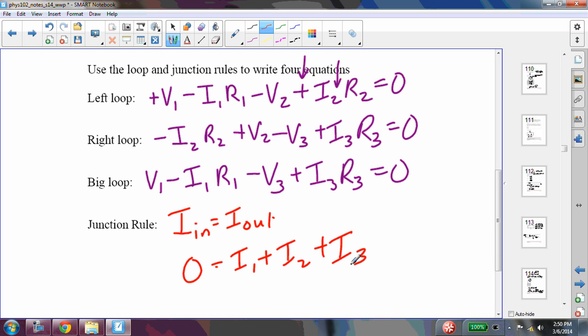If that's the case, when you report the answer, you just change the direction. Whatever you chose, you take the opposite direction. All right, so that's the gist of solving these multi-loop circuits. There are some nice little rules with the loop rule and the junction rule, and I'll show you some tricks to that. But first, let's do an example. We'll pick up that next time.